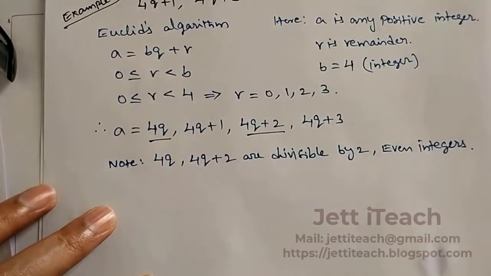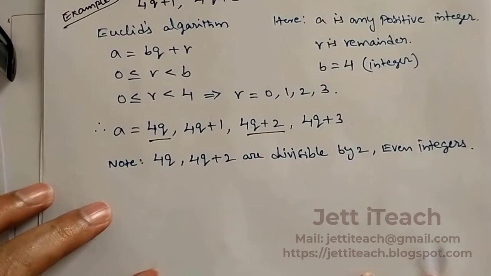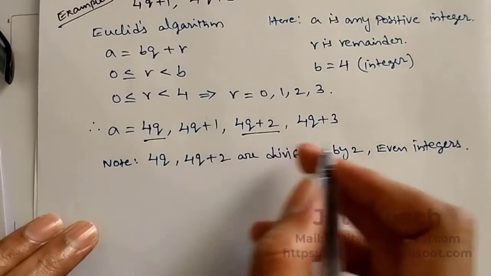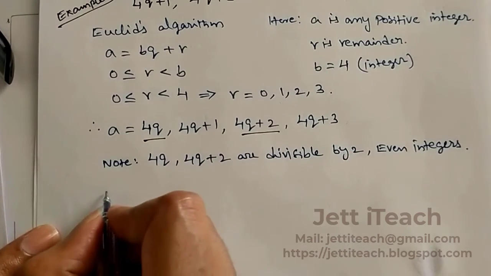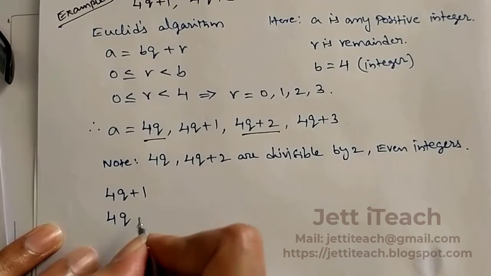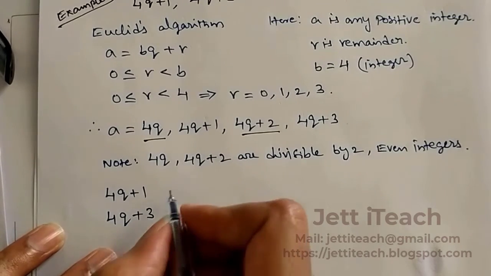So what are the remaining terms? 4q plus 1, 4q plus 3.